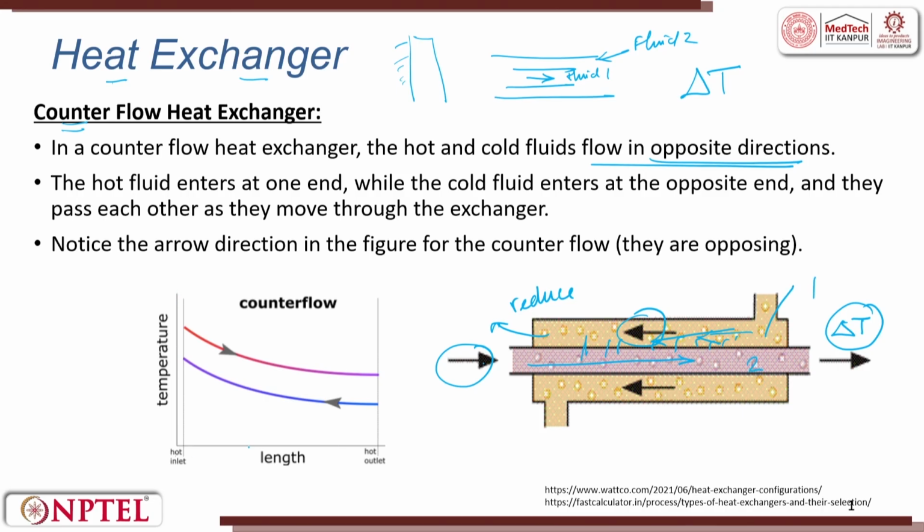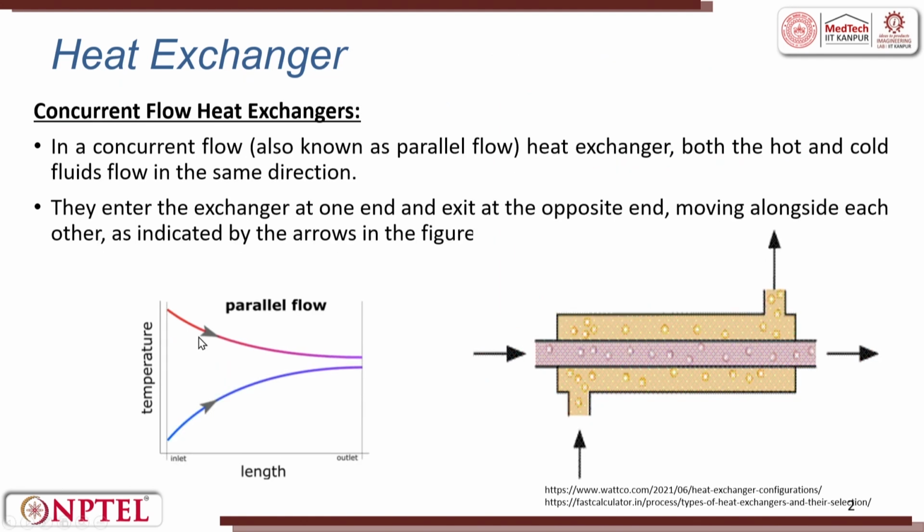So, when you try to plot it in a temperature versus length plot, you can see here this is the hot inlet and this is the hot outlet. So, at the hot inlet, you will see there is a fall in temperature when it goes out. Then the cold one, you see it increases the temperature.